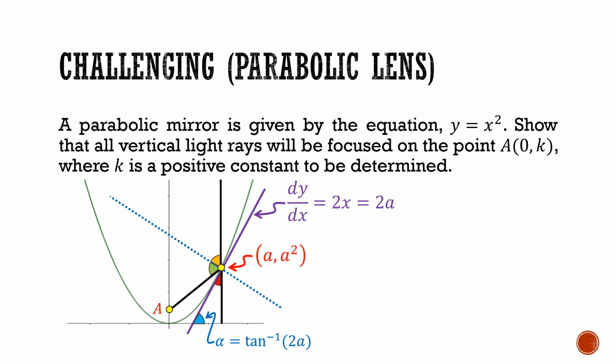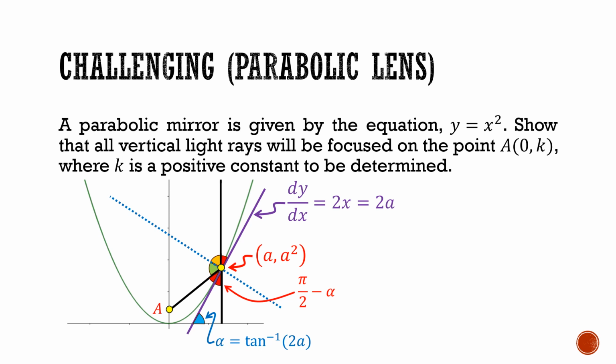This red angle has a vertically opposite pair marked here, and I can reflect its vertically opposite pair across the normal to get this other angle, which is also going to be equal. So these three red angles can be shown to be geometrically equal. And what is the value of this red angle? It is the complementary angle to the blue angle, so it's going to be pi over 2 minus alpha.